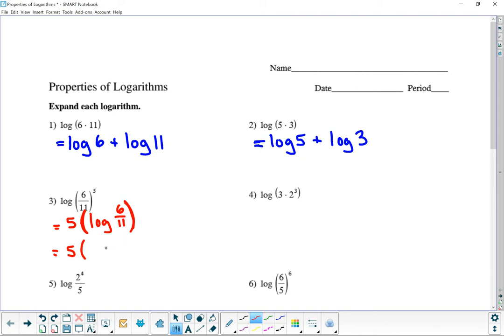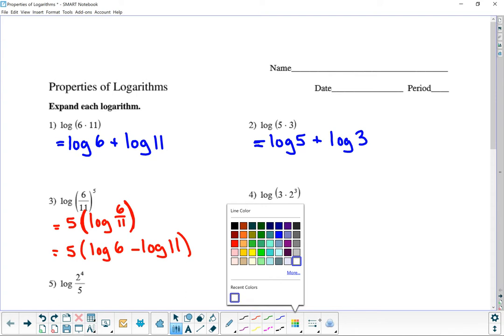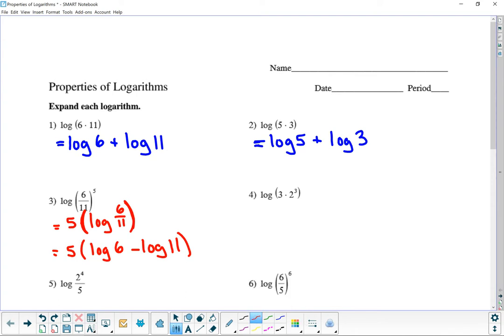That is the quotient rule: log 6 minus log 11. And then with the 5 multiplied in, this will come out to be 5 log 6 minus 5 log 11.